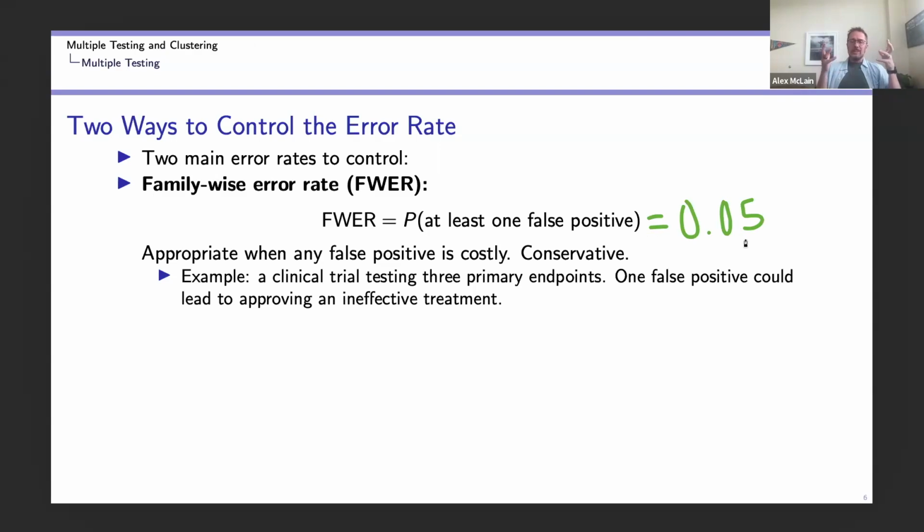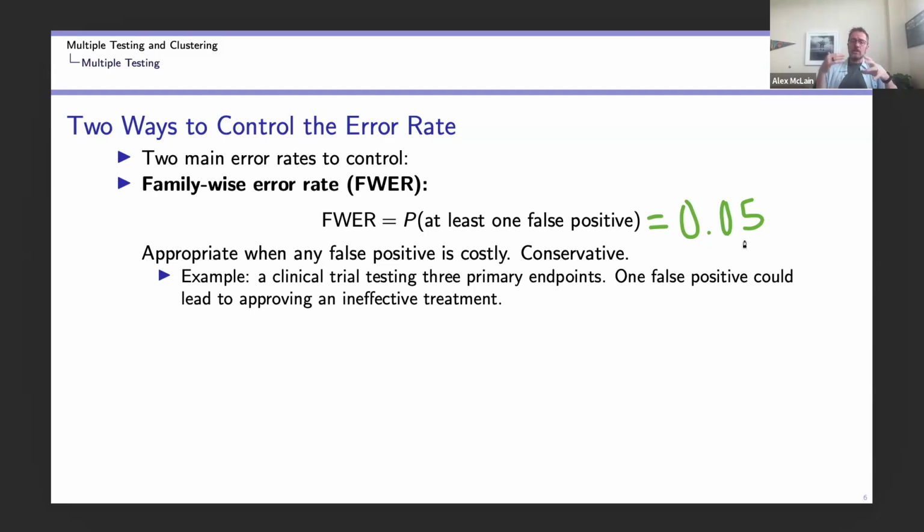We're saying that we are very confident that among all the results we got, they are all correct. So if we reject 100 hypotheses with a family-wise error rate of 0.05, we're very confident that all 100 of those are correct. There is not a mistake among the 100.